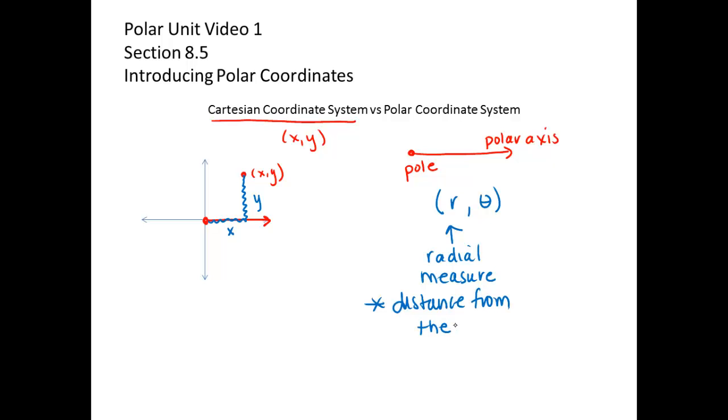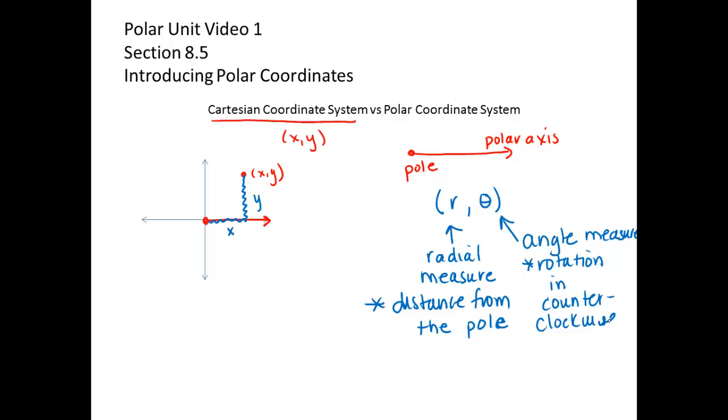and our radial measure is actually defined as the distance from the pole. Now, if the pole is centered at the origin, then we're really talking about the distance from the origin. Okay? And then your theta value is going to be the angle measure, or a measure of rotation, in a counterclockwise direction, starting on the positive x-axis.